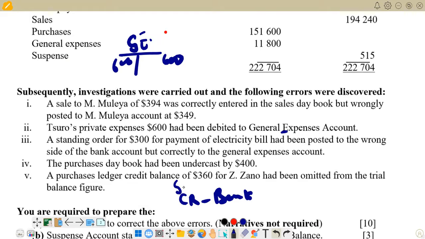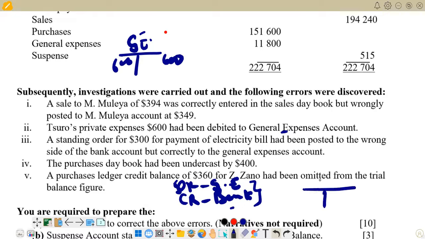So for the general expenses account, we debit the general expenses account. This was the correct entry that was supposed to be done. But what was entered was that on the bank account part, it was posted to the wrong side of the bank account. The correct side was the credit, but it was on the debit.